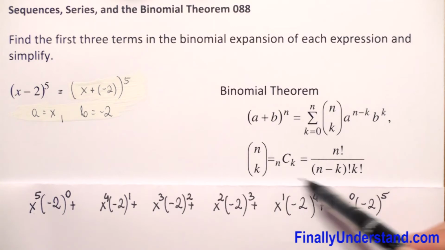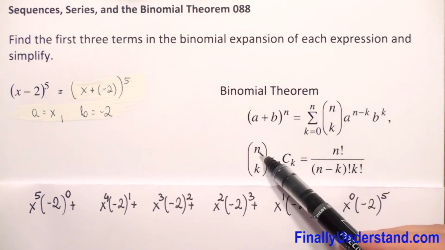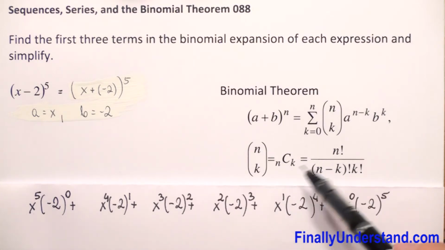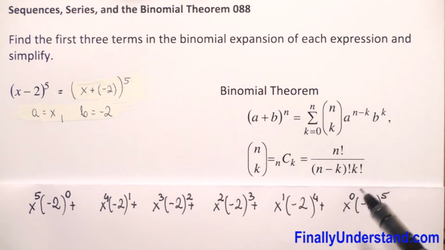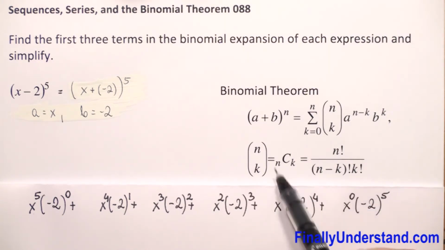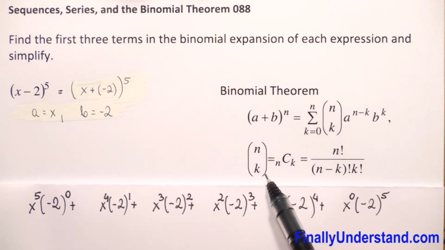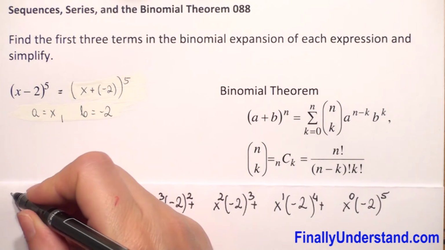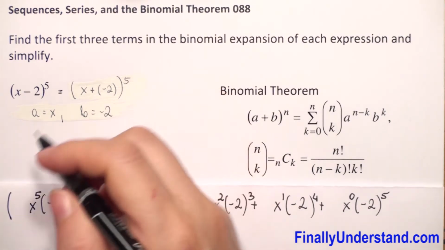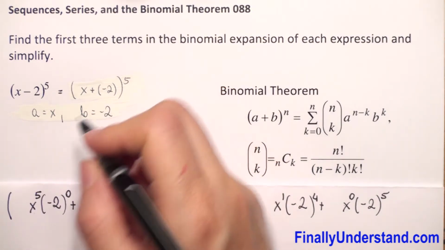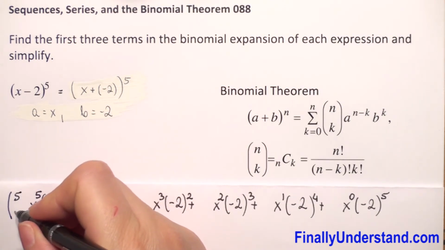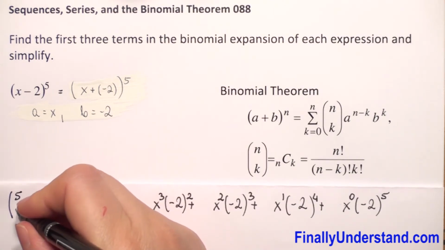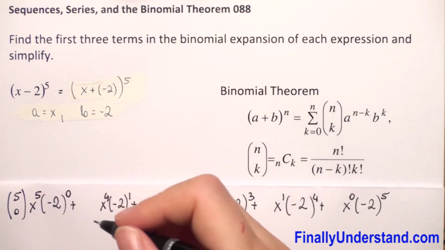You can use the combination n choose k, or you can always use Pascal's triangle. Let's use the combination n choose k. So first we have the exponent 5, and we start from k equals 0, so it will be 5 choose 0.